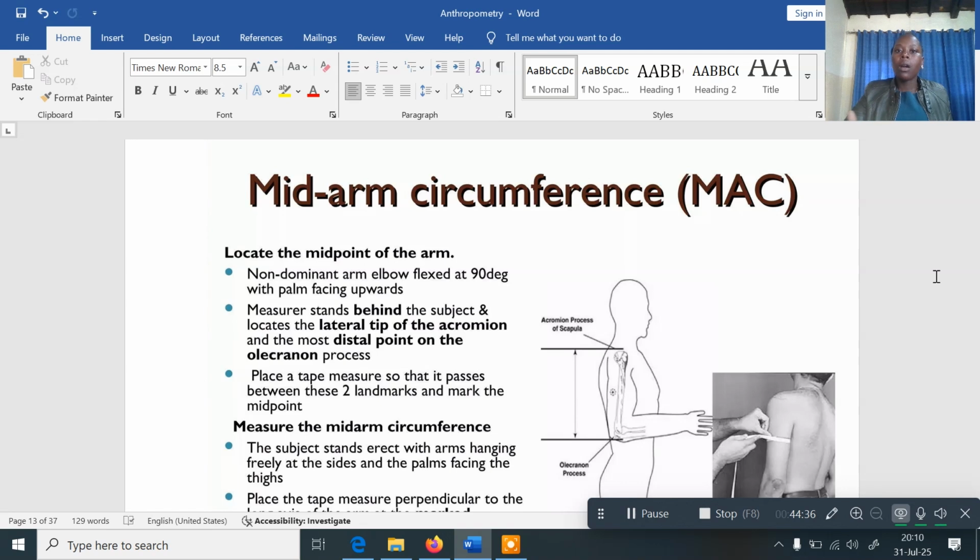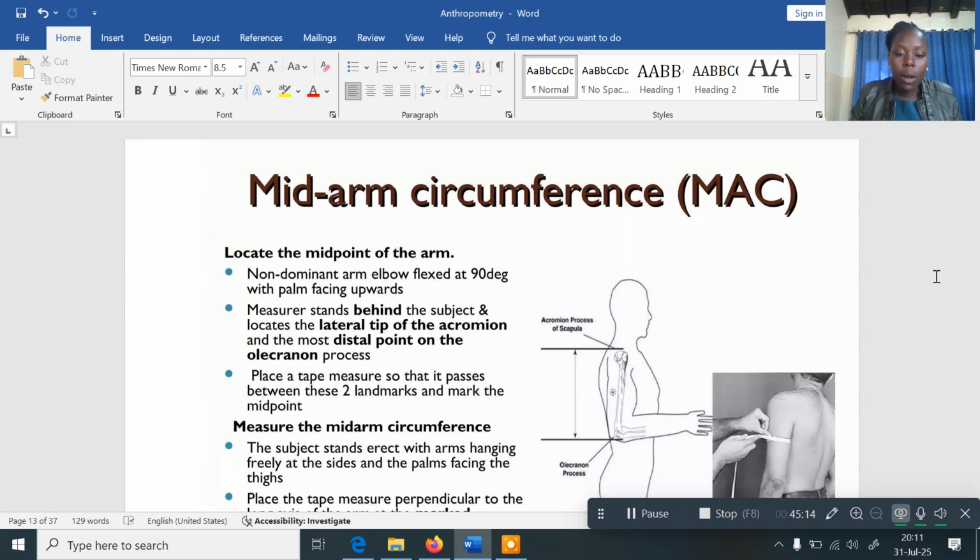Why are we not using the dominant hand? The dominant hand is the hand you use mostly, and the hand you use more, its muscles develop rapidly. But the non-dominant hand grows normally, its muscles grow normally because it is not so much used. For the dominant hand, it is the opposite. So that is why we decide to use the non-dominant hand, because it can show us the actual measurements that we need.